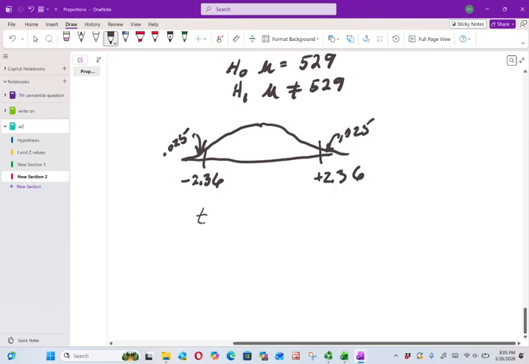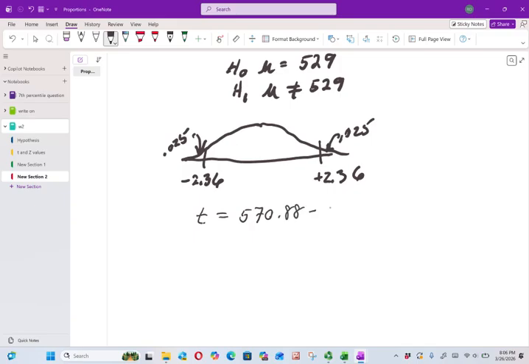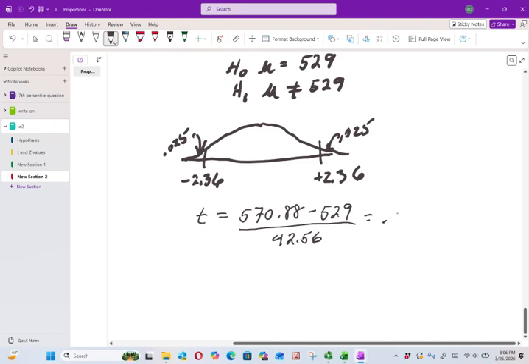So the t statistic is equal to the sample mean, 570.88, minus 529, and then divide by the standard error of 42.56, and this comes out to a t statistic of 0.984, which means that the sample average is 0.984 standard errors above the hypothesized value.